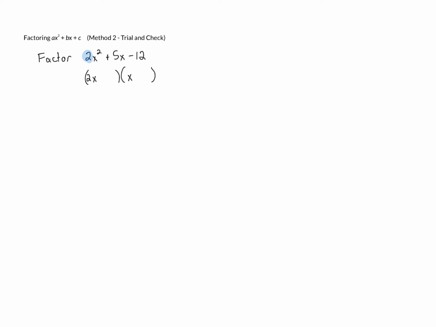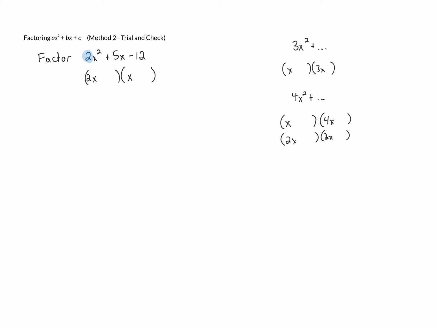So we modify this method by changing the x terms. If this was a 3x squared, for example, then it would have to be x and 3x. If it was 4x squared plus something, we'd have to be a little bit careful, because it could be x and 4x, but it could also be 2x and 2x.